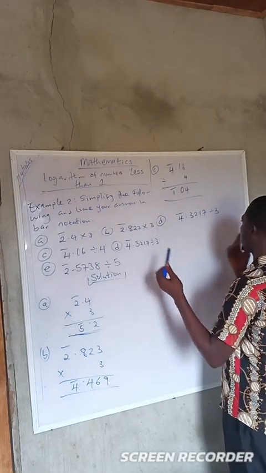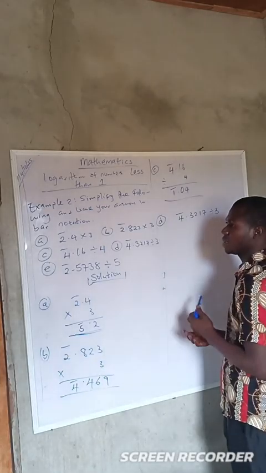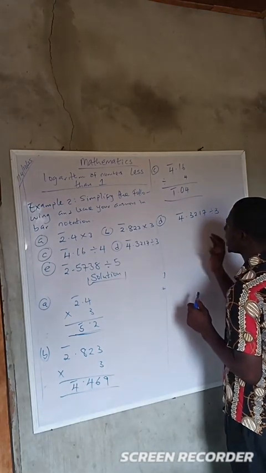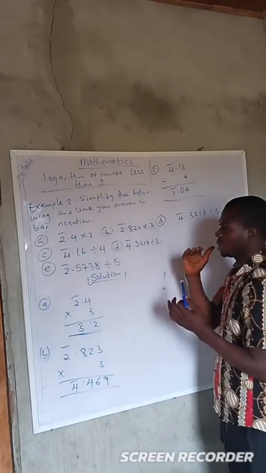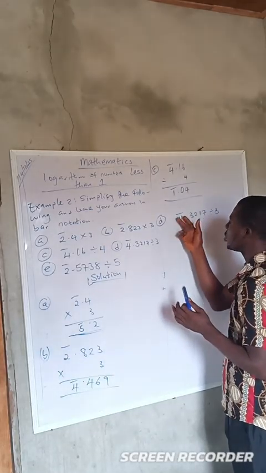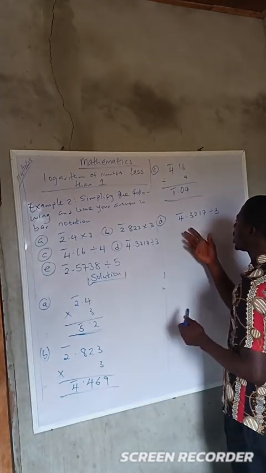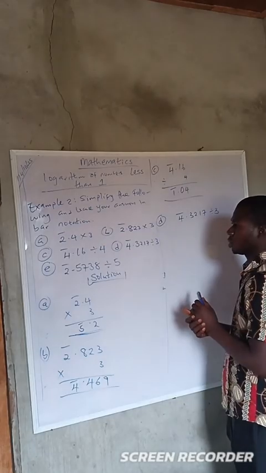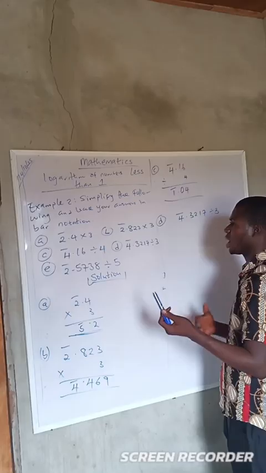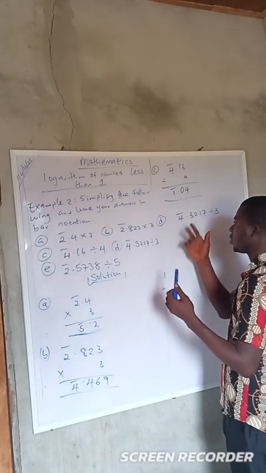We know that multiples of 3 are 3, 6, 9, 12, and so on. But we want the multiple of 3 that is just a bit more than this 4. Multiples of 3 that are more than 4 are 6, 9, 12. But among all, which one is the smallest that is more than 4?